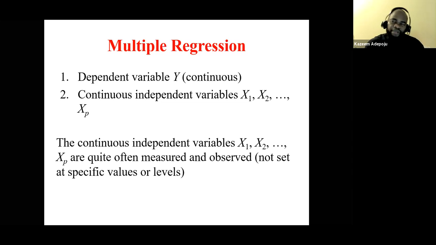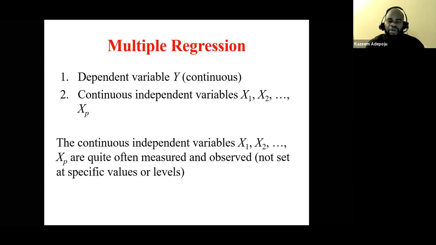Let me quickly remind you of what we did in regression analysis, and also of what we did in analysis of variance. That will enable you to see how we can combine the two to have the analysis of covariance that I'm talking about.